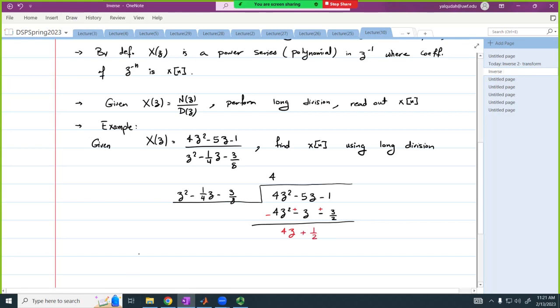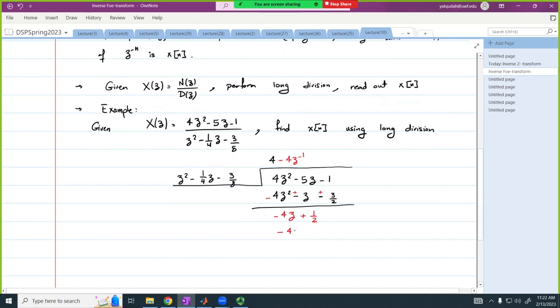What do we do next? We divide. What is negative 4z plus 1/2 over z squared? Oh, this is negative 4z plus 1/2. What is negative 4z divided by z squared? Negative 4z to the negative 1. Excellent. Minus 4z to the negative 1. We multiply. We're going to get negative 4z plus 1 plus 3 over 2 multiplied by z to negative 1.